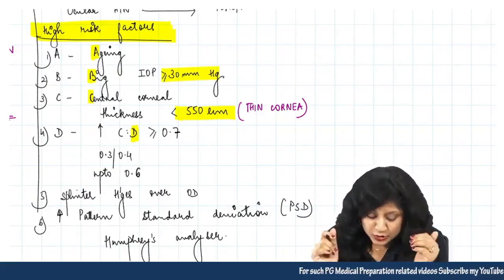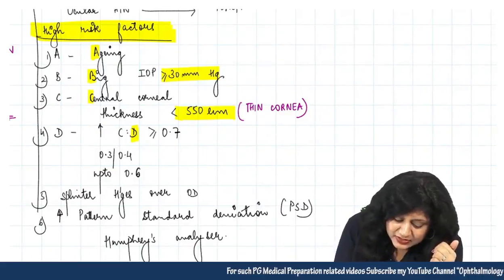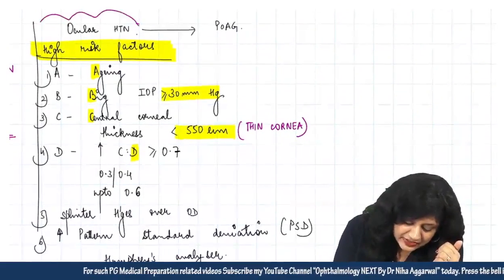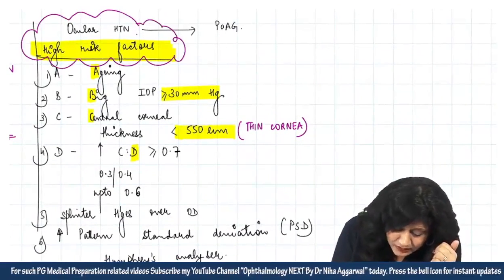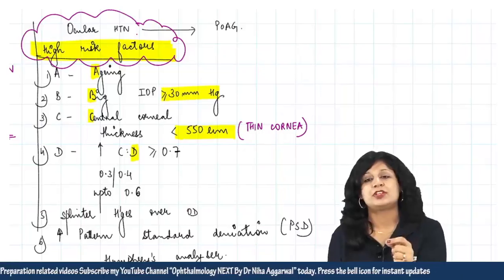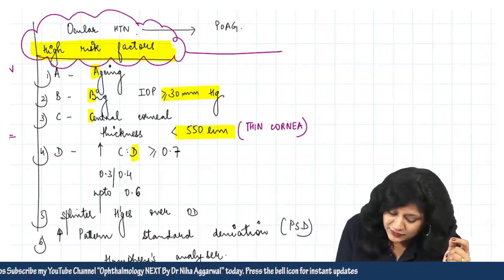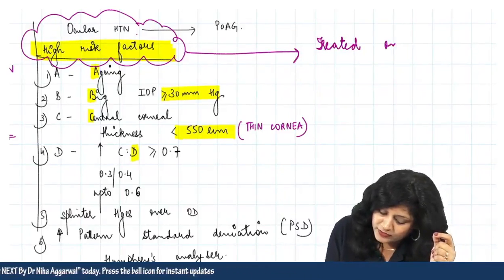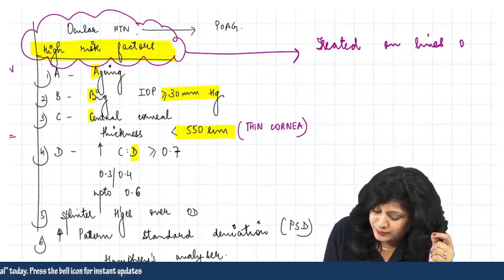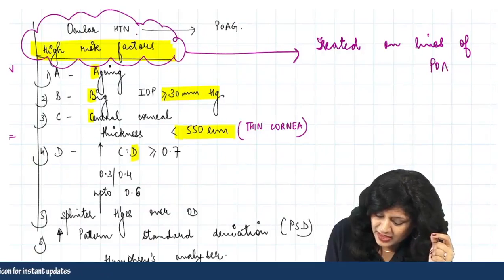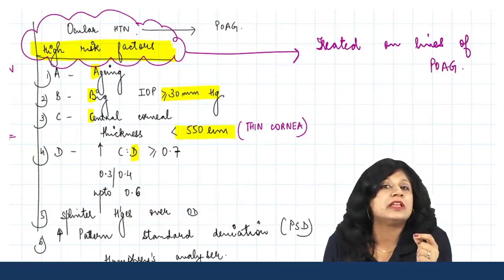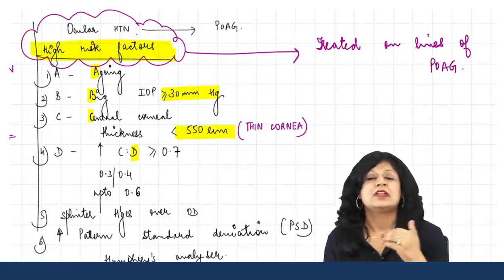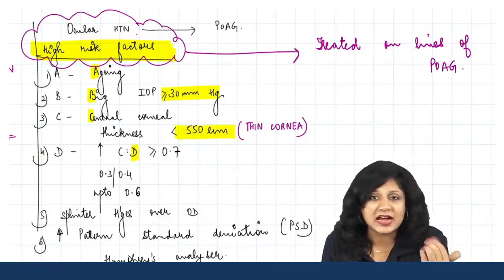So whenever the patient has ocular hypertension along with these high risk factors, this person should be treated on the lines of POAG, because there are so many chances that this person will develop POAG ultimately.